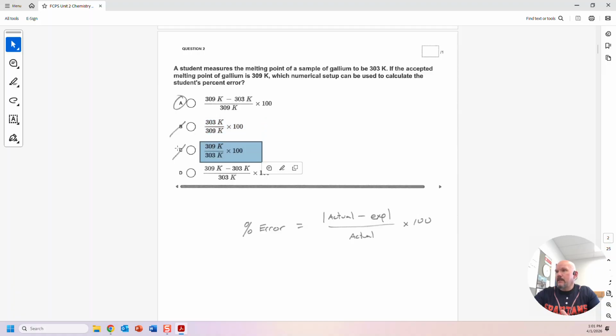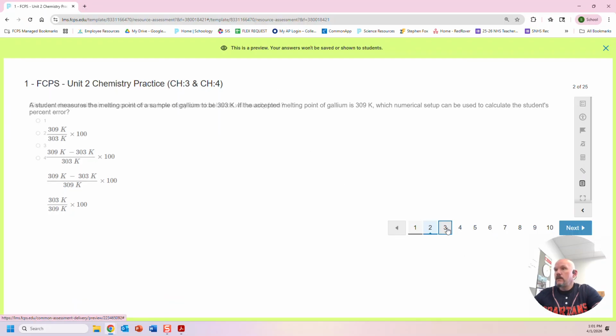So it's not B or C. And so this is just making sure you are dividing by 309 and not dividing by 303, right? So choice A, because 309 was the true value in this case. Okay, and 303 was the experimental value. Okay, all right. So let's go on to question 2.